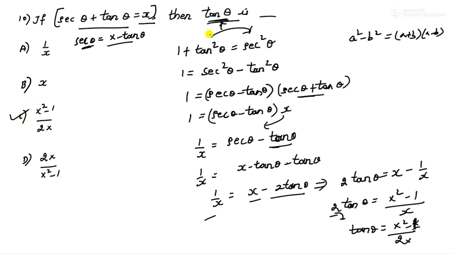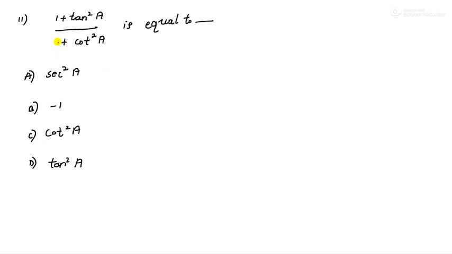Okay, moving to the next question. So here if you see, 1 plus tan square theta divided by 1 plus cot square theta is equal to dash. So this is a direct formula. Okay, 1 plus tan square theta is sec square theta, and 1 plus cot square theta is cosec square theta, right? They have given a at the place of theta. So now what is sec by cosec? We don't have any formula, but we know this formula.